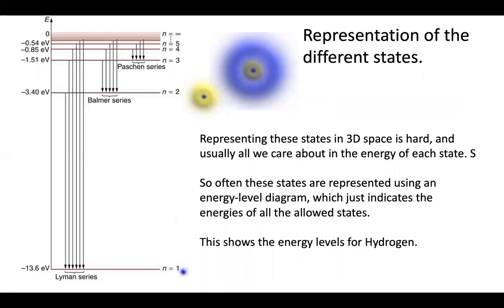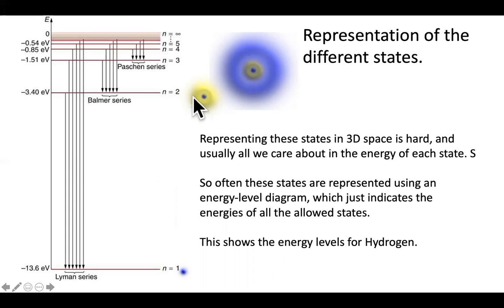There's lots of cases, and for lots of things, I don't care what the actual distribution is. I only care about some of the properties of these states. For example, one property I often care a lot about is the energy of these states.